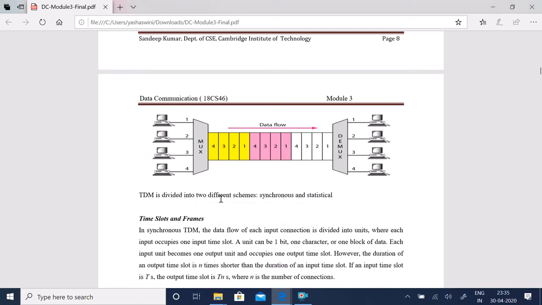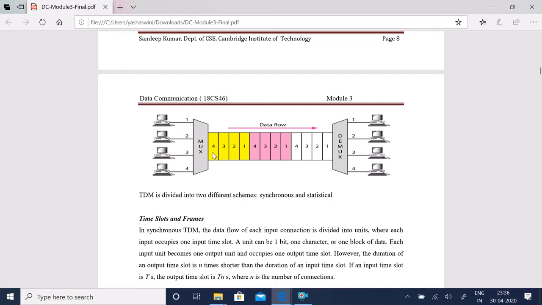As seen in the diagram, time division multiplexing is divided into two different schemes, synchronous and statistical. You can see here there are four systems or hosts that are trying to communicate with the channel 1, 2, 3 and 4. When these channels are passed to the multiplexer, you can clearly see that there is a time slot divided.